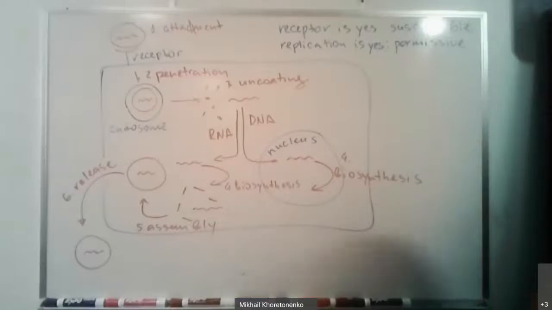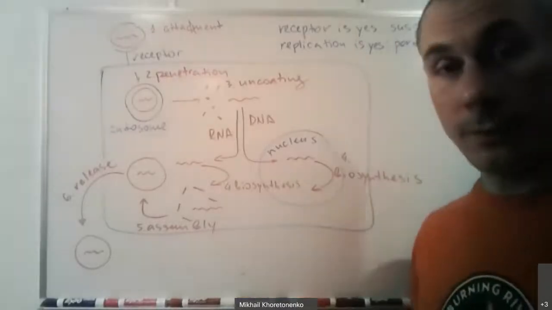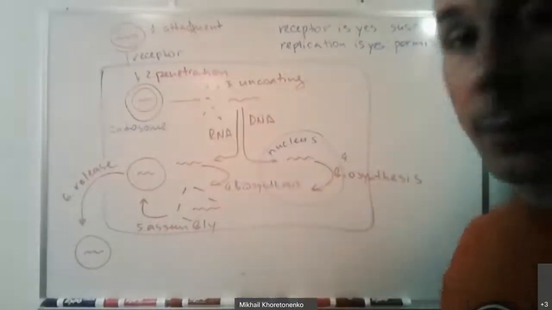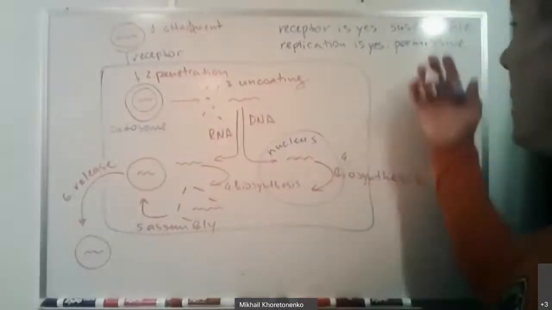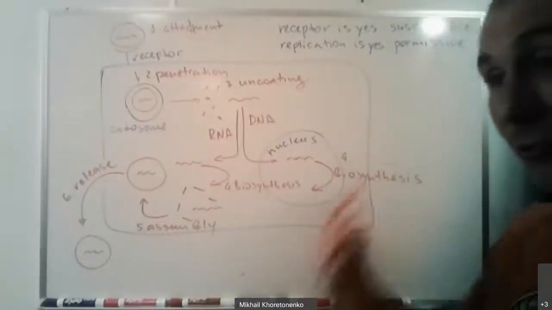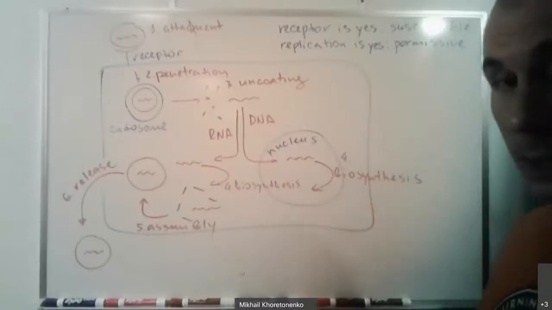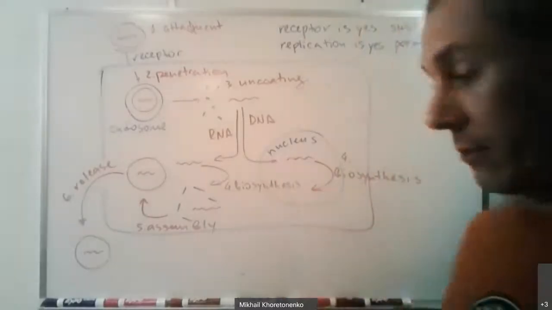So the virus can get into the cell if the cell is susceptible, if it has a receptor, and it can replicate in the cell if the cell is permissive. So for a successful infection, cells have to be both susceptible and permissive.